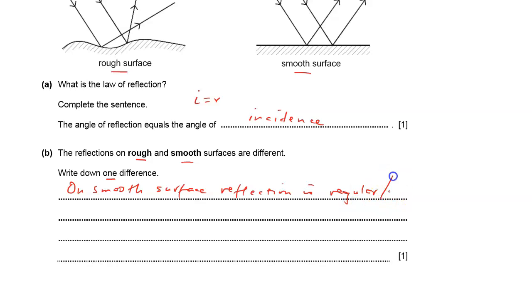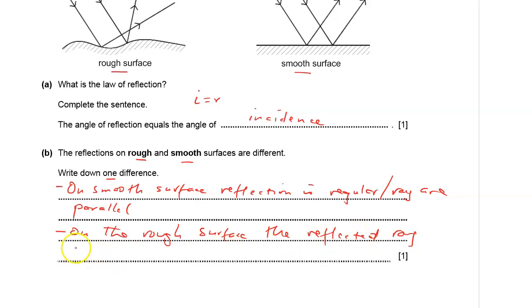Regular means all the rays are parallel. But on the rough surface, the reflected rays are scattered.